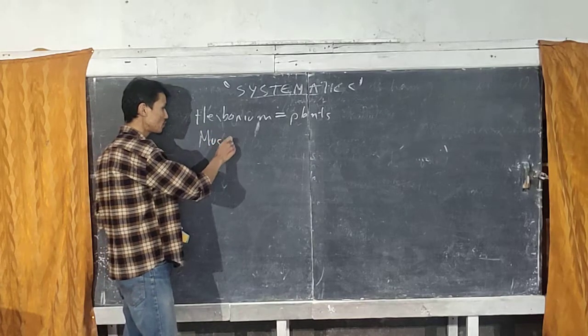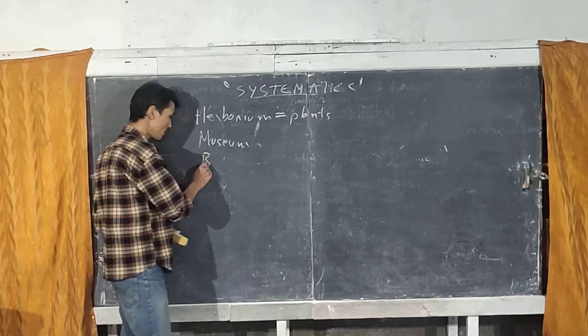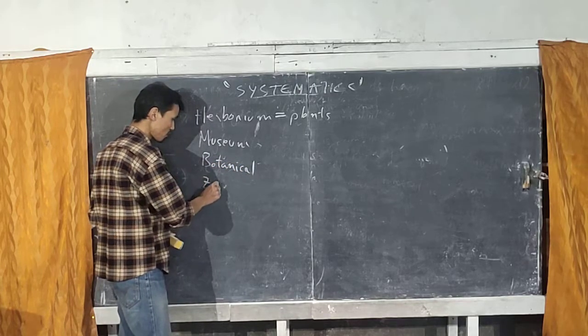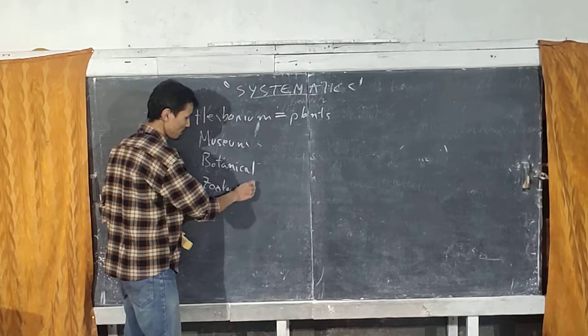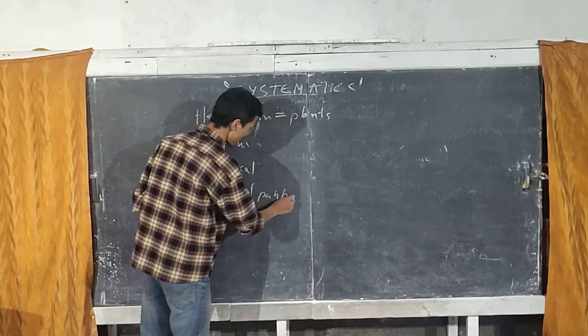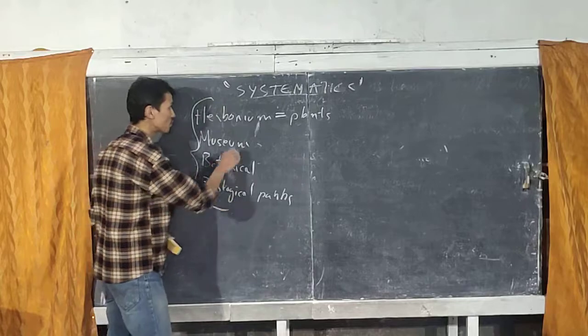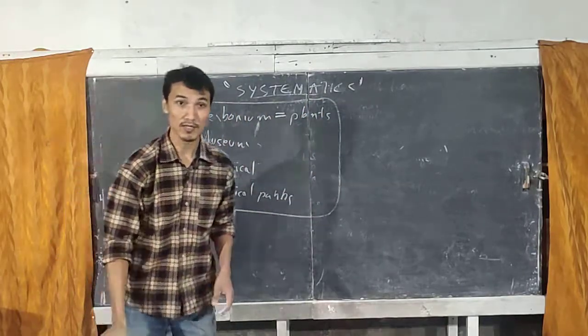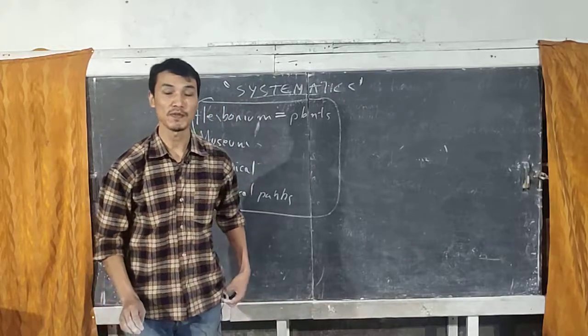Another one is museums. Another one is botanical gardens or zoological parks. All these are the tools used for identification. So this is the end of the chapter, and in the next class we will be moving into more specific kingdoms.